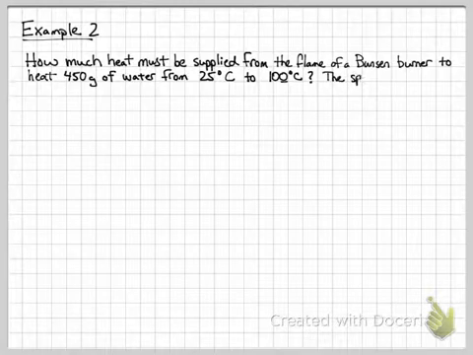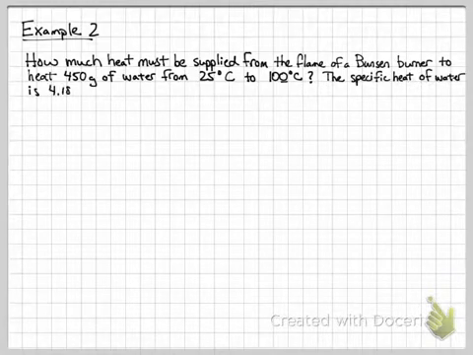And we are going to assume that the specific heat of water is 4.184 joules per gram degree Celsius. That is a constant worth remembering because you will use it quite often, especially in calorimetry problems. So the specific heat of water, 4.184 joules per gram degree Celsius.